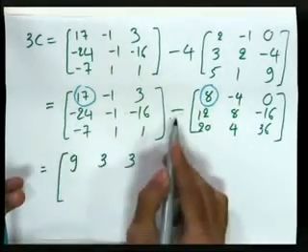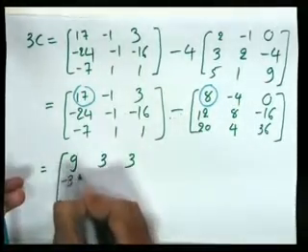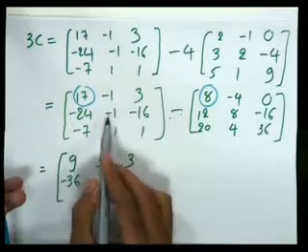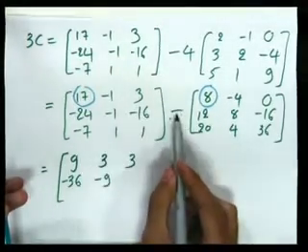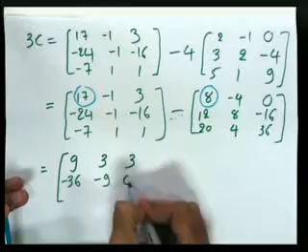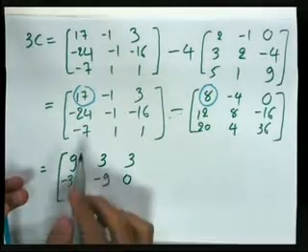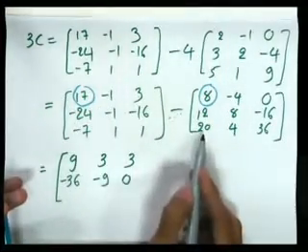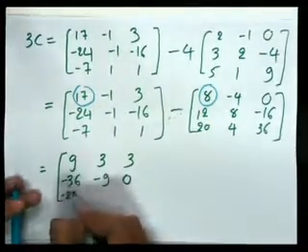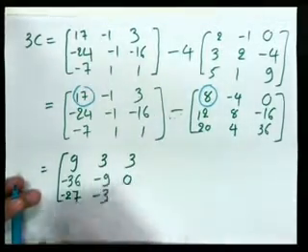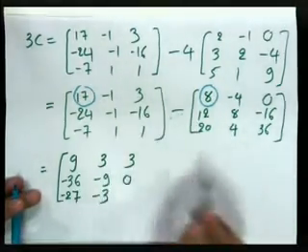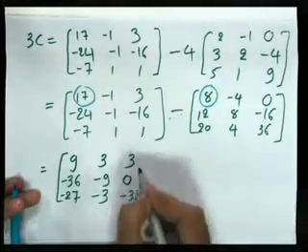Minus 24 minus 12 is equal to minus 36. Minus 1 minus 8 is equal to minus 9. Minus 16 plus 16 is equal to 0. Minus 7 minus 20 is equal to minus 27. 1 minus 4 is equal to minus 3, and 1 minus 36 is equal to minus 35.